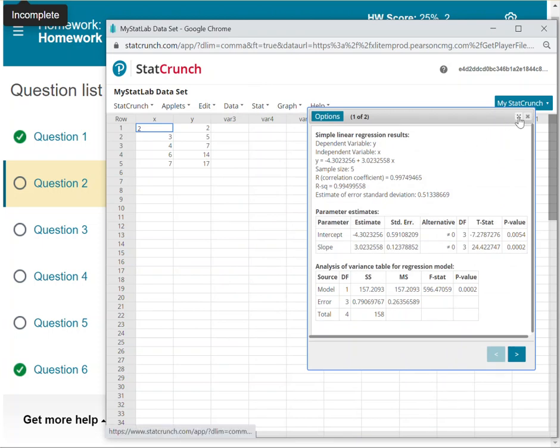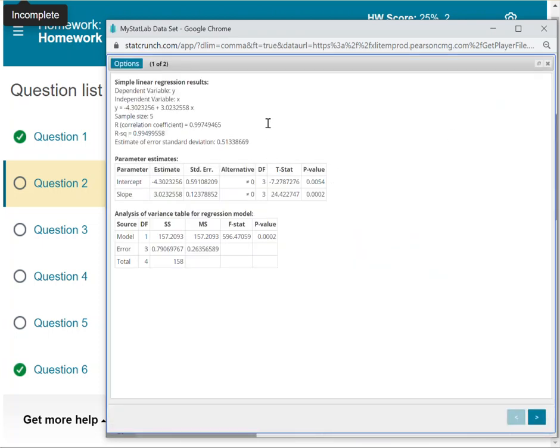Make this a little bigger. I'm going to write down this equation real quick. It's y equals 3.023x. If we round to 3 decimal places, it's 3.023x, minus, the y-intercept is negative 4.302.